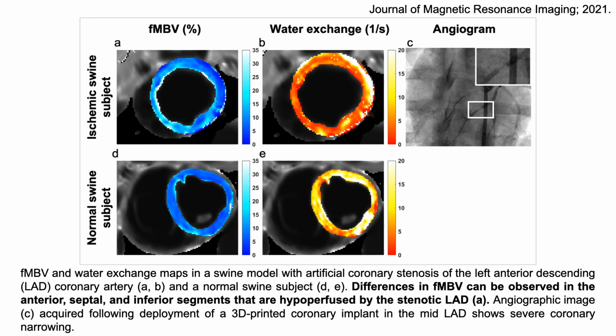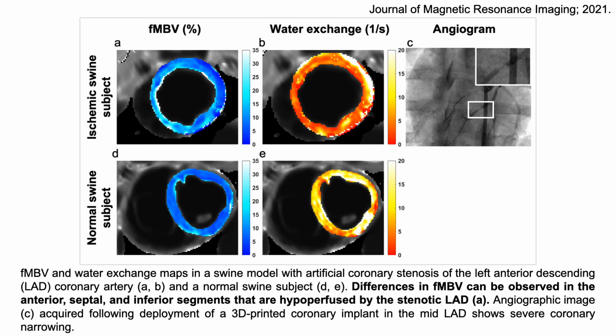Finally, our blood volume and water exchange maps in a single swine model with an artificial coronary stenosis in the LAD, which is shown here on an X-ray angiogram, shows a quantitative increase in pixel-wise blood volume in the anterior, septal, and inferior myocardial segments of this apical slice that are hypoperfused by the stenosed LAD.